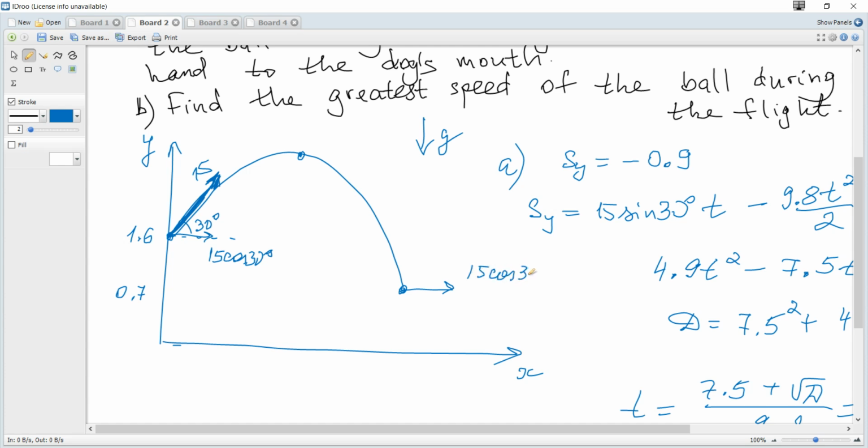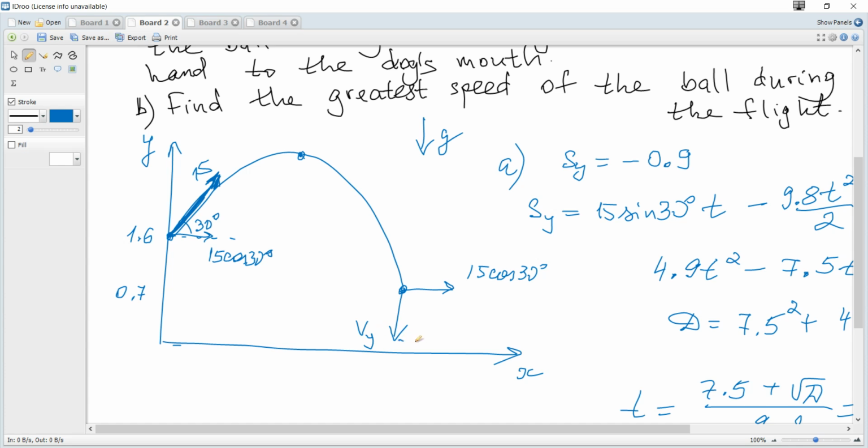But the vertical component of the velocity is decreasing initially up to 0, and then it changes sign and increases in magnitude. So the greatest value by magnitude will be at the final point, and this vertical component of the velocity at the final point should be found.